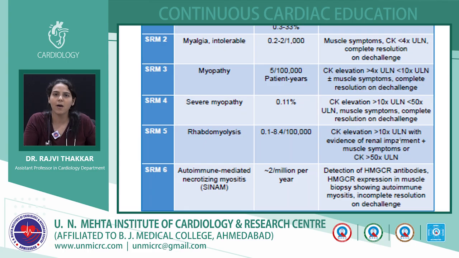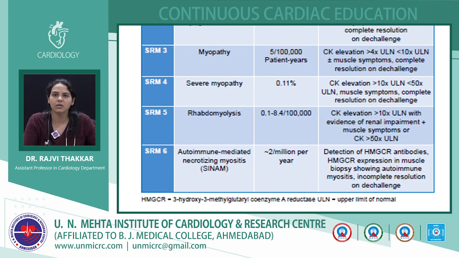SRM 5 is rhabdomyolysis, with CK elevation more than 10 times, evidence of renal impairment, muscle symptoms or CK elevation more than 15 times. SRM 6 is autoimmune-mediated necrotizing myositis. There is detection of HMGCR antibody expression in muscle, showing autoimmune myositis and incomplete resolution on de-challenge.